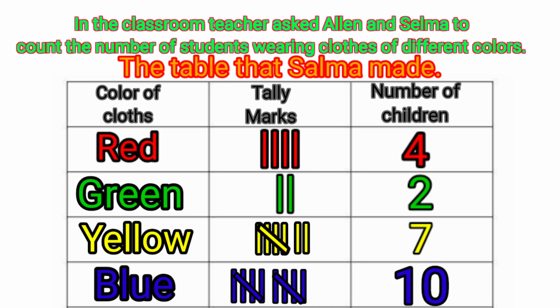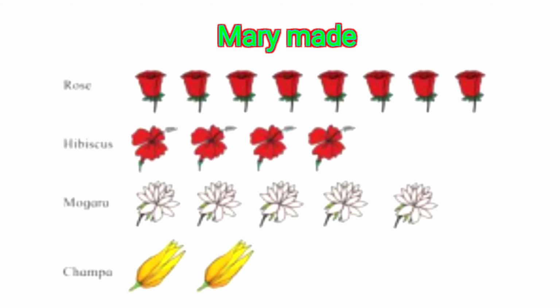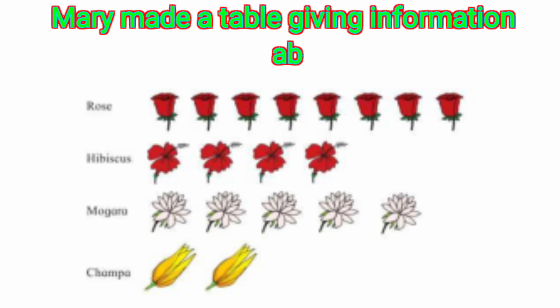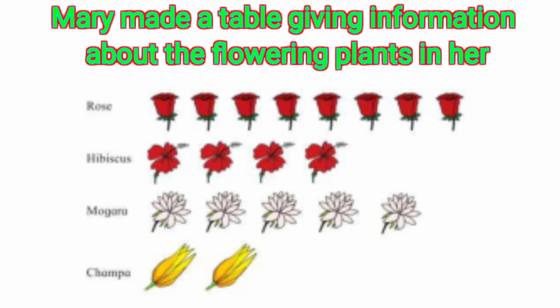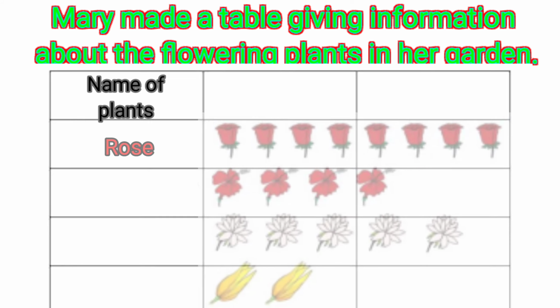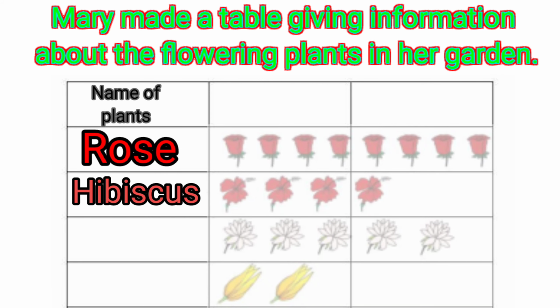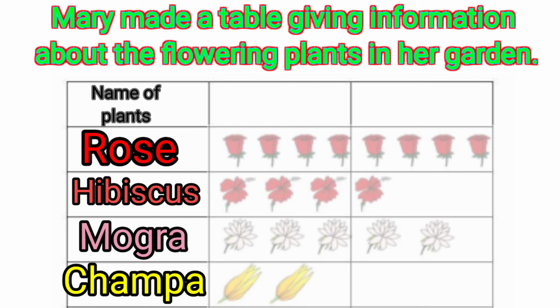Let us study one more example. Mary made a table giving information about the flowering plants in her garden. Rose, hibiscus, mogra and champa. Now let us make information of all these plants.